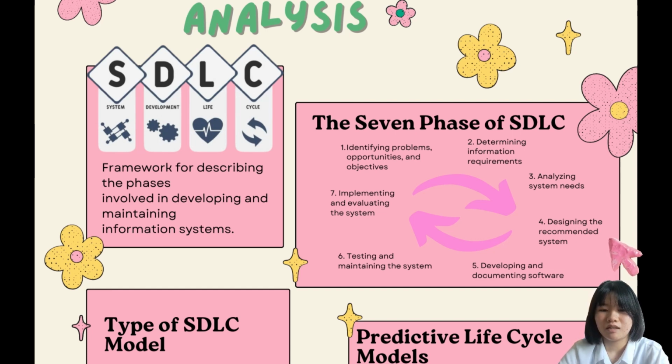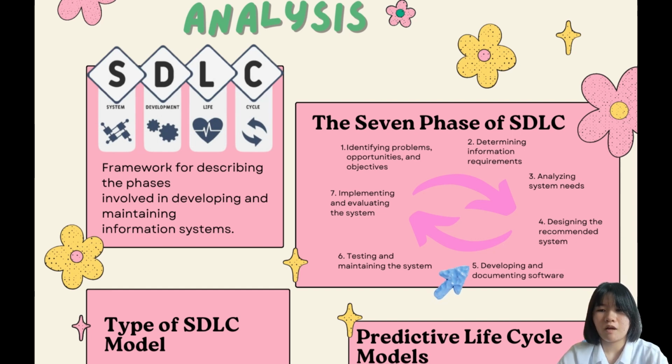Physical design is where the logical specification of the system from logical design is transformed into technology-specific details, from which programming or system construction can be accomplished. Choices of language, database, and platform are many times already decided by the organization or client.